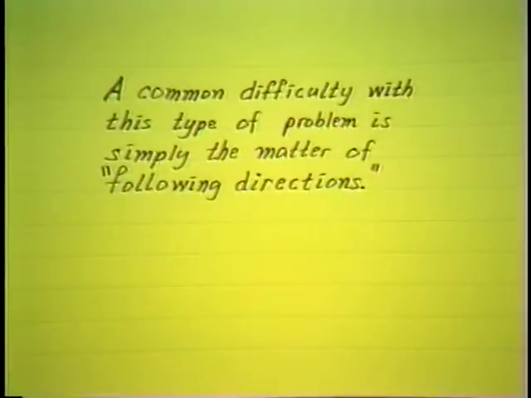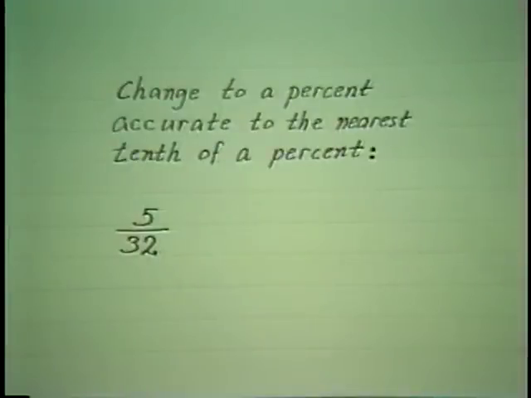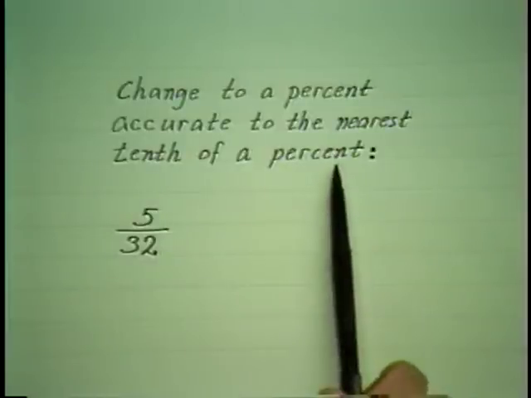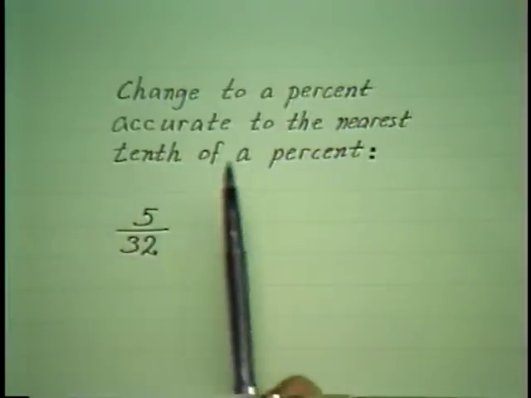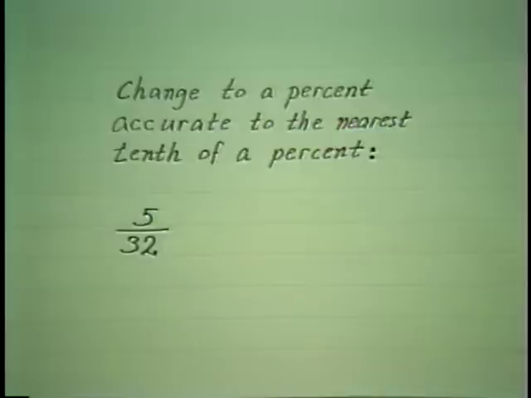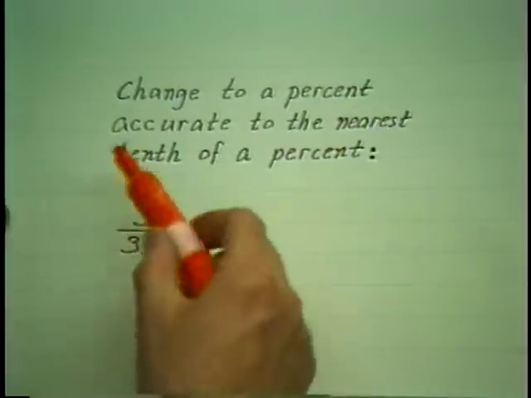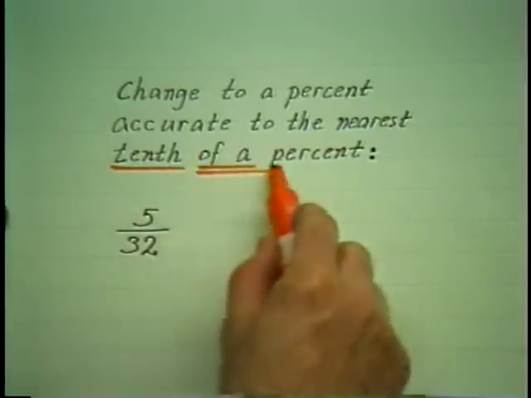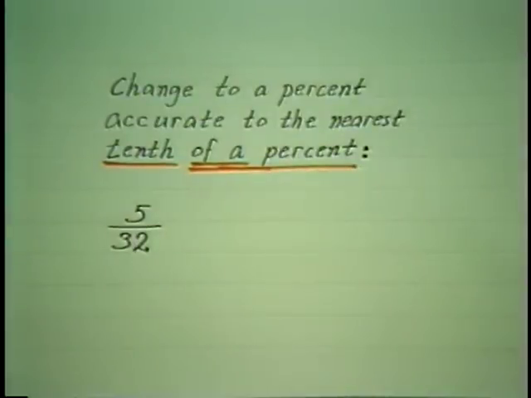A common difficulty with this type of problem is simply the matter of following directions. Always read very carefully how they want this carried out. An example, let's say we wish to have this decimal converted to a percent accurate to the nearest tenth of a percent. And the important thing to realize here, it's a tenth of a percent, not just tenth, but tenth of a percent.